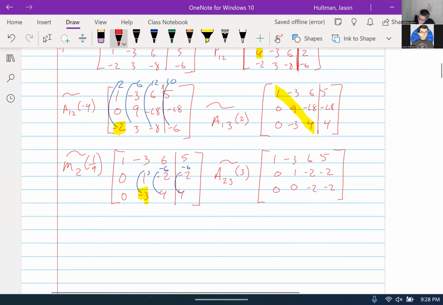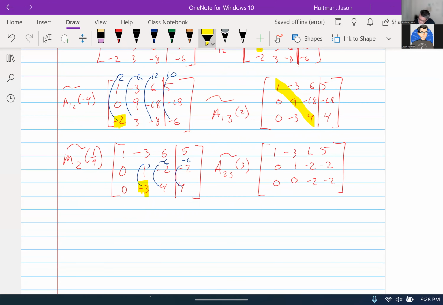Okay, the last thing that I want is this -2 to be a +1. So I'm just going to multiply row 3 through by -1/2. Okay, so multiply row 3 by -1/2.